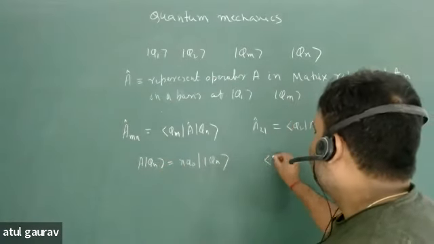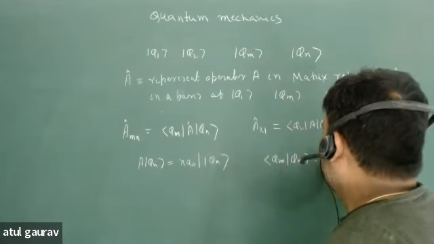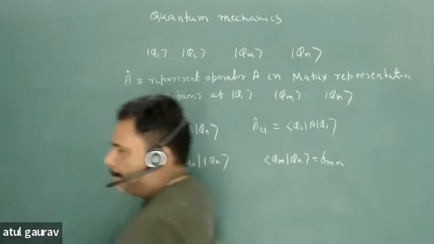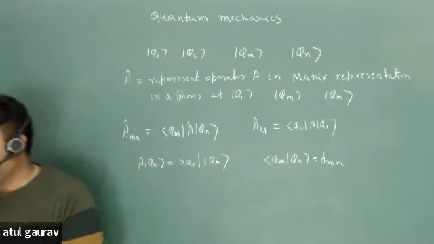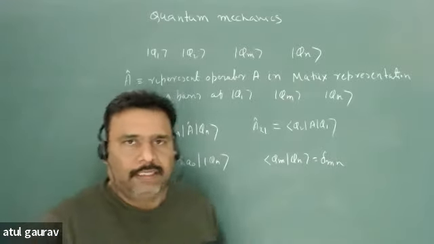And we have phi_m phi_n equal to delta mn. इसका क्या मतलब है? कैसा बेसिस है ये? ऑर्थोनॉर्मल बेसिस है. ये हमें दिया हुआ है.